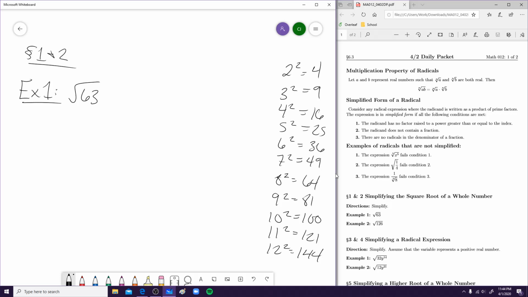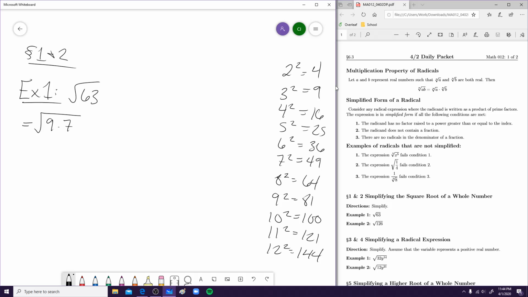Then we look at 16. 63 divided by 16 also doesn't give us an integer. But then we go to 9. 63 divided by 9 is 7. So this is the very first perfect square that goes into 63 perfectly. So I'm going to rewrite the square root of 63 as the square root of 9 times 7.